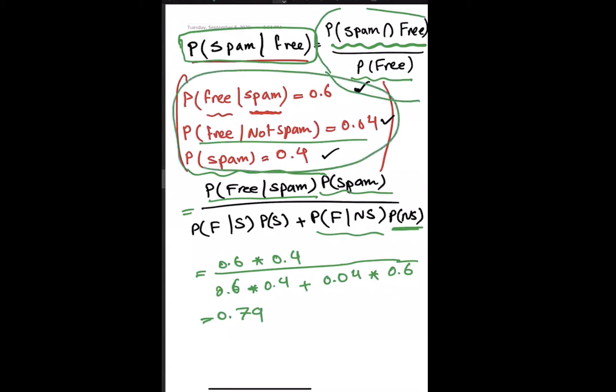If what you want is not given in the problem statement, then just go ahead and rewrite the numerator and denominator based on the things that have been given to you. Replace the numbers and find the value. Good? Okay. Any questions?